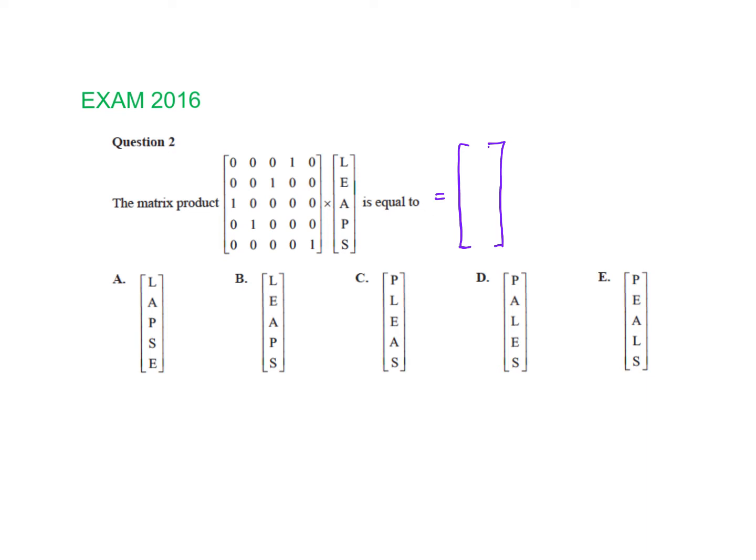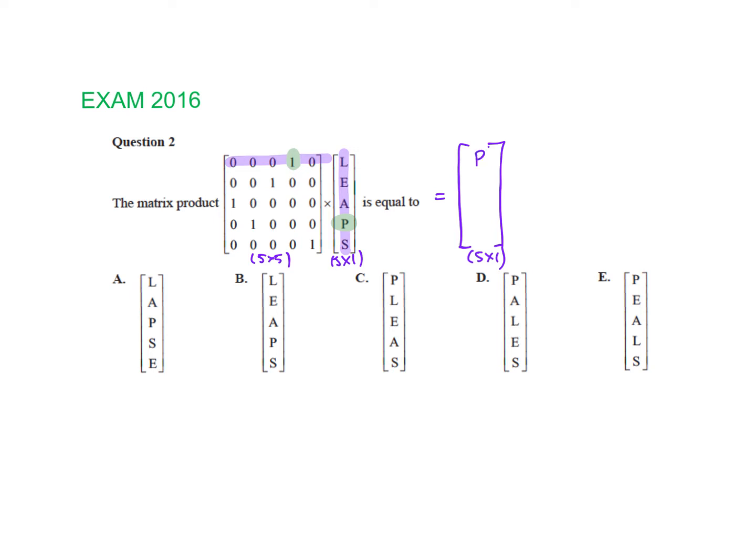We can see we've got a 5 by 5 with a 5 by 1, and we'd end up with a 5 by 1. If we do the first row, you can see there's only a 1 on that fourth number, so that means that fourth number down is going to show. So I would get a P in my answer.